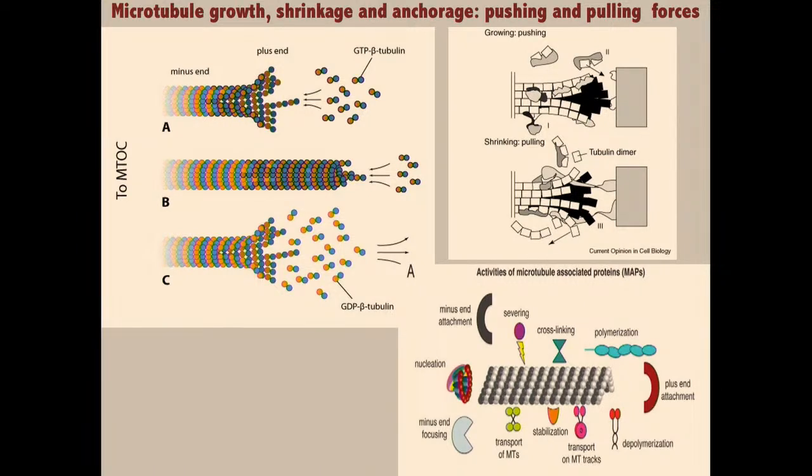And again, like actin, microtubule polymerization against a membrane can generate force. Depolymerization against a membrane can also generate forces. In one case, you're pushing forces. In the other case, pulling forces.